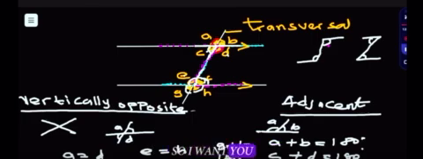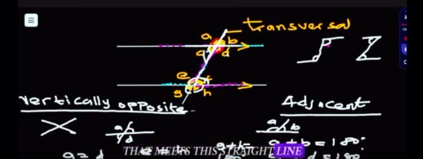I want you to look at A and C. A and C are also adjacent. Why? This is a straight line here, and this other line makes this straight line. So these are said to be adjacent.